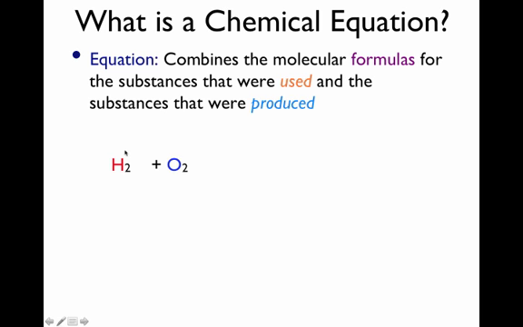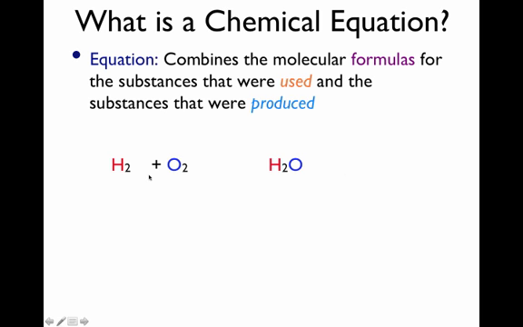So here's one of the substances that we used, and here's another one. Both of these molecules were used, and so we're going to separate them by a plus sign. Then on the right side of the equation, you list all of the things that were actually produced. You list the formula for all of the things that were produced. And if there's more than one thing that was produced, in this case there was only one, you would separate the formulas by a plus sign as well.